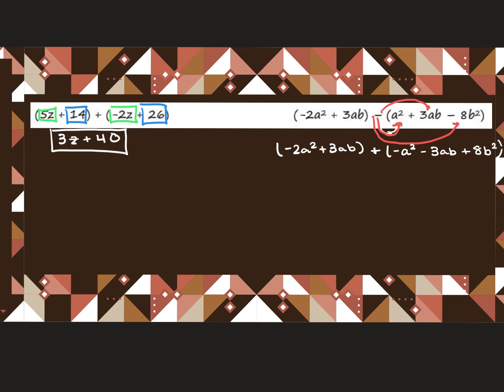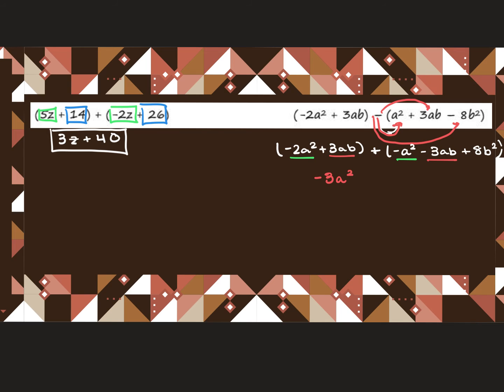Again, I'm going to go ahead and collect my like terms. So I have 2a squared, a negative 2a squared, and negative a squared. Then I have 3ab and a negative 3ab. Looking here, I have a negative 2a squared plus negative a squared, which gives me a negative 3a squared.